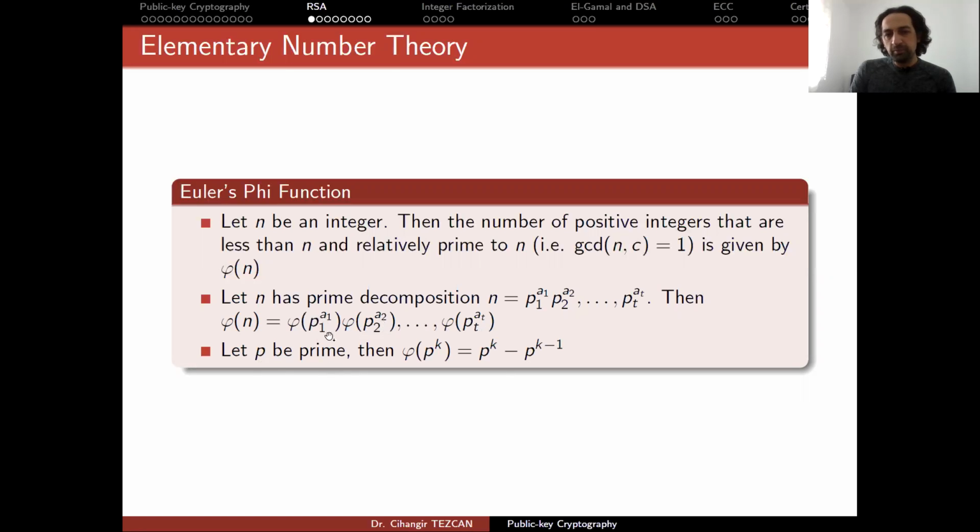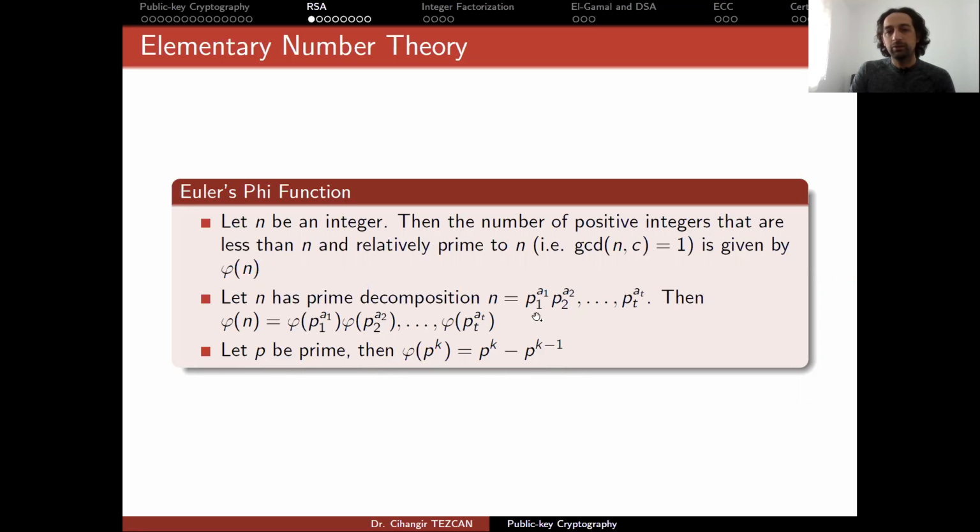You might wonder what phi is when the input is a prime power. For a prime number p, phi(p^k) equals p^k minus p^(k-1). Sorry. So this means that we can compute Euler's phi function for any integer.